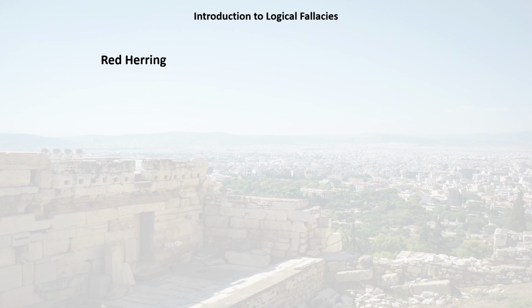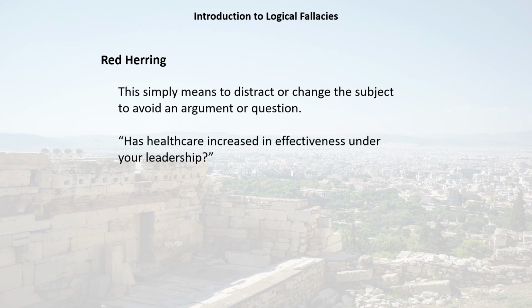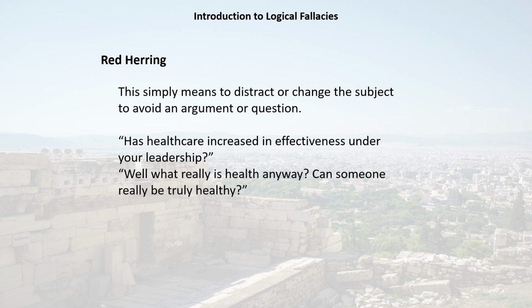So here's another example. It's called a red herring. This simply means to distract or change the subject to avoid an argument or question. For example, someone asks, has healthcare increased in effectiveness under your leadership? And he responds, well, what really is health anyway? Can someone really be truly healthy?